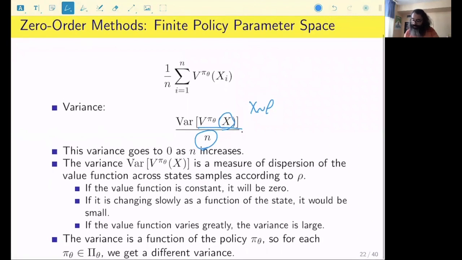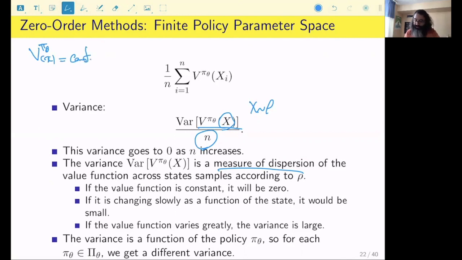Variance is, of course, a measure of dispersion of the value function across states that are sampled according to rho. So let's think about some extreme cases. One is that the value function is constant as a function of state x.